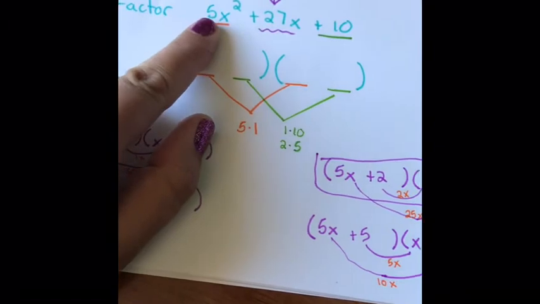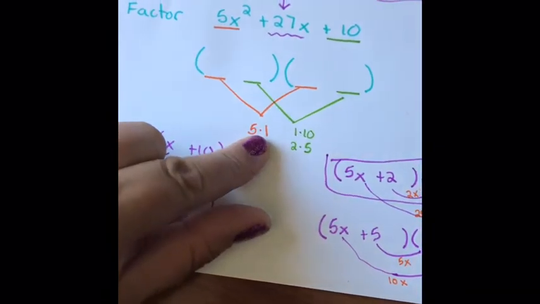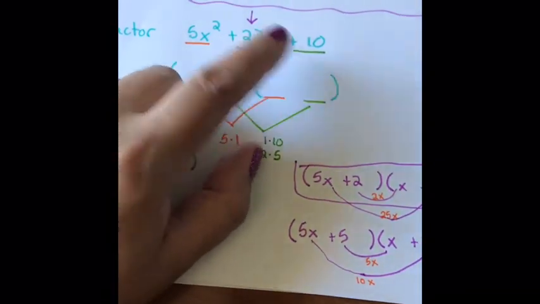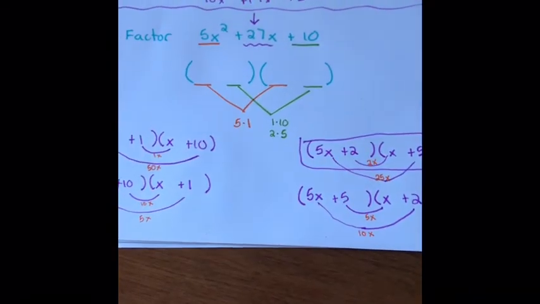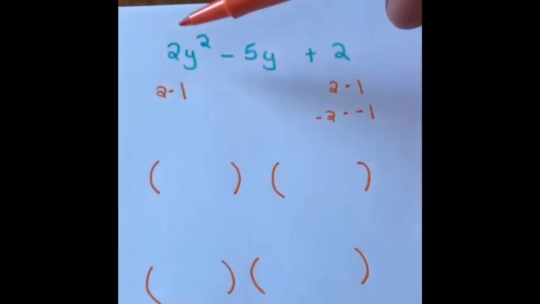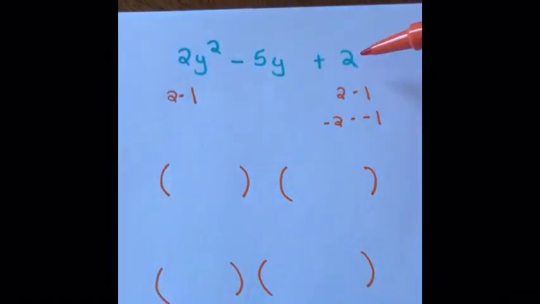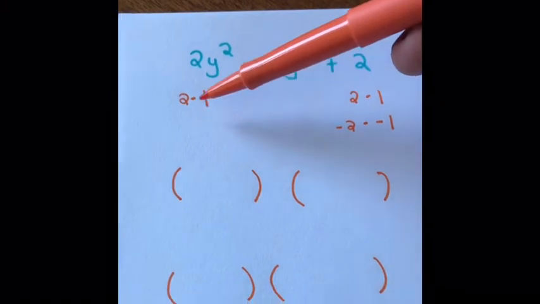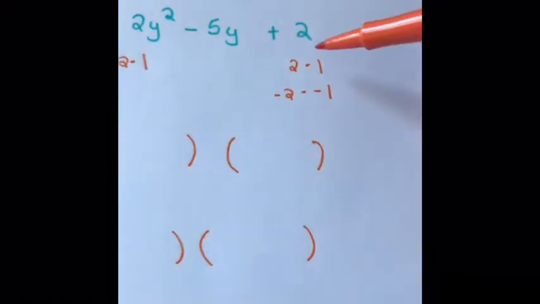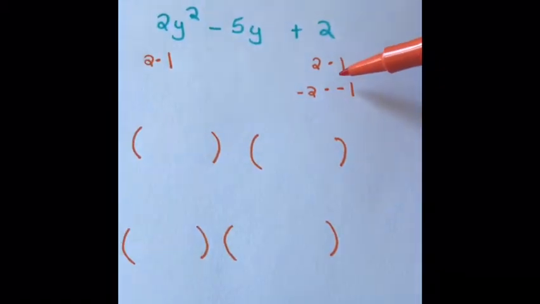Obviously, if the number in front has more than one set of factors, and once you start getting negatives, it gets a little trickier. So I'm going to do a couple more quick ones with you. So here's one, 2y squared minus 5y plus 2. So factors of 2, it's pretty easy, just 2 and 1 are the only options. And then here I have 2 also, so I wrote 2 times 1.